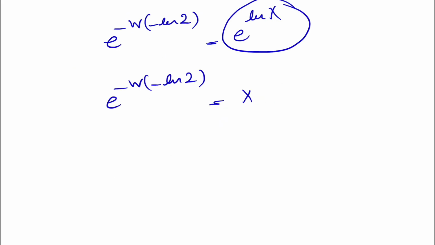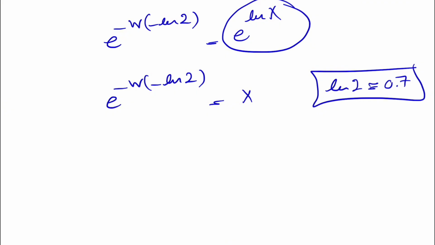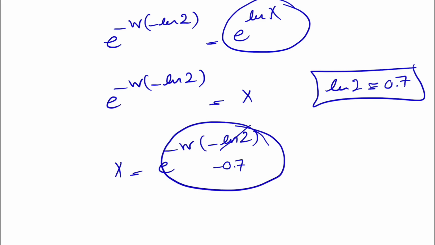Looking at this, we know that ln of 2 is around 0.7. So x is equal to e to the power of minus the Lambert W function of minus ln of 2, and the argument is something around minus 0.7, meaning we have to check the domain of the Lambert W function.